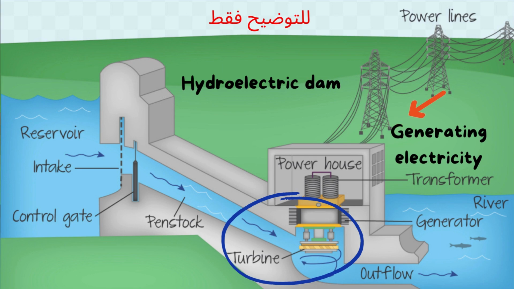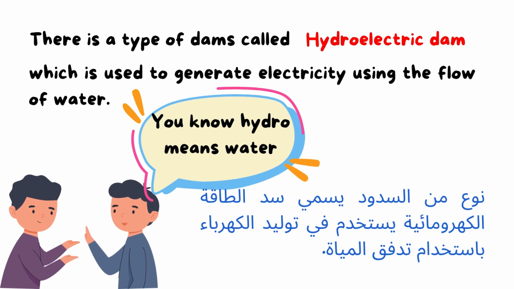So here electricity is generated, okay, as this kinetic energy is converted into, yes, electrical energy. And again, this dam is called what? Yes, hydroelectric dam, which is used to generate electricity using the flow of water, okay. And you know that the part hydro means water, so here electricity comes from water, okay.